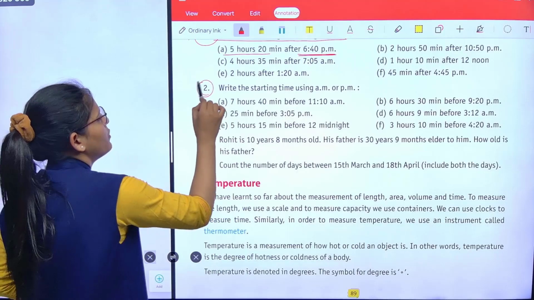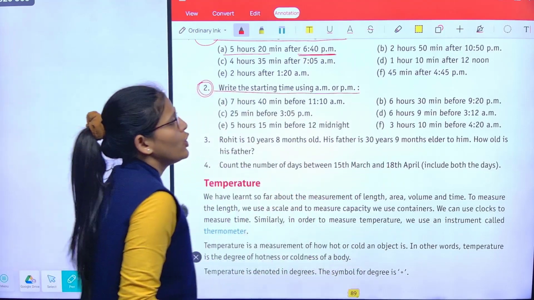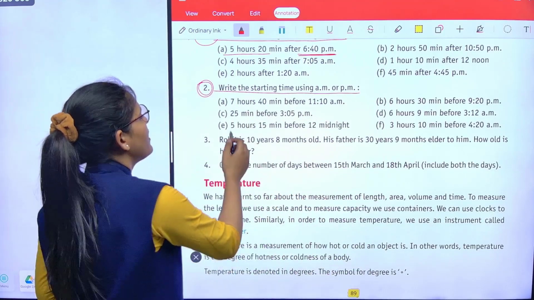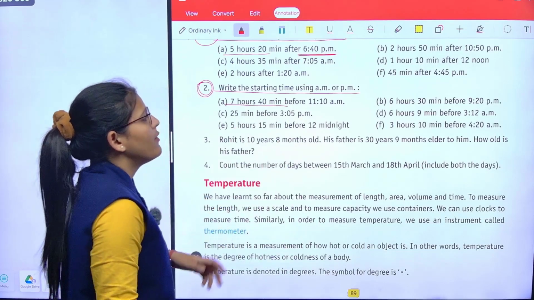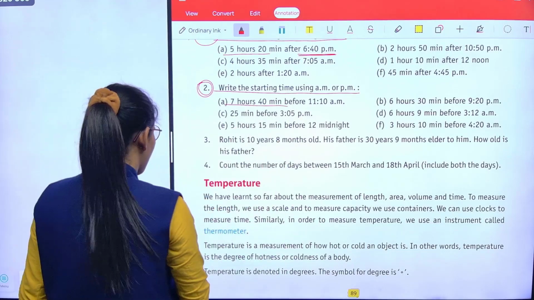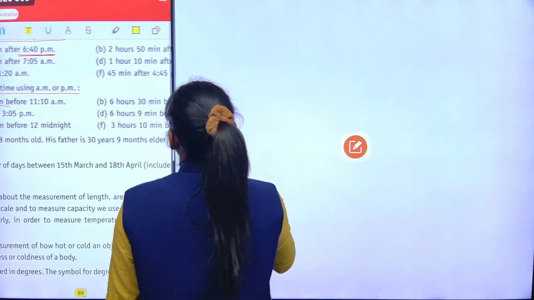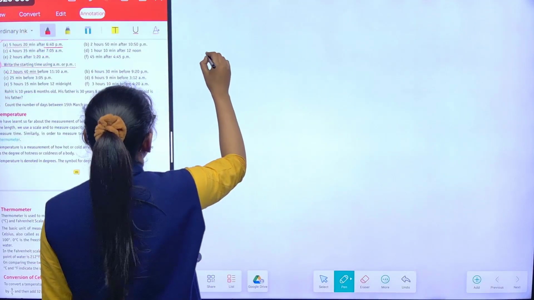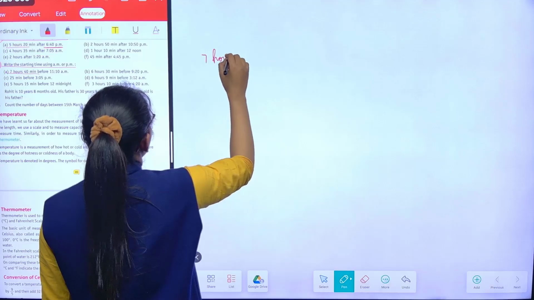Come on, question number 2. Write the starting time using am or pm. Now class 7 hours 40 minutes before 11:10 am. Class, easily आप उसको फाइंड कर सकते हैं. 7 hours.